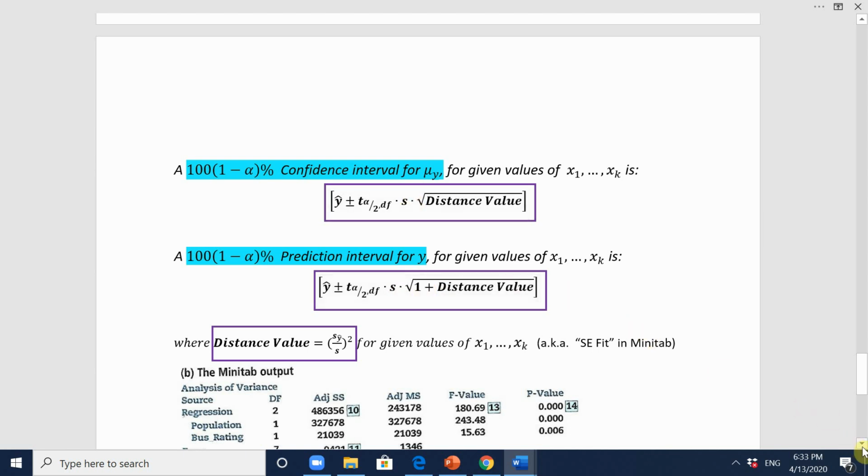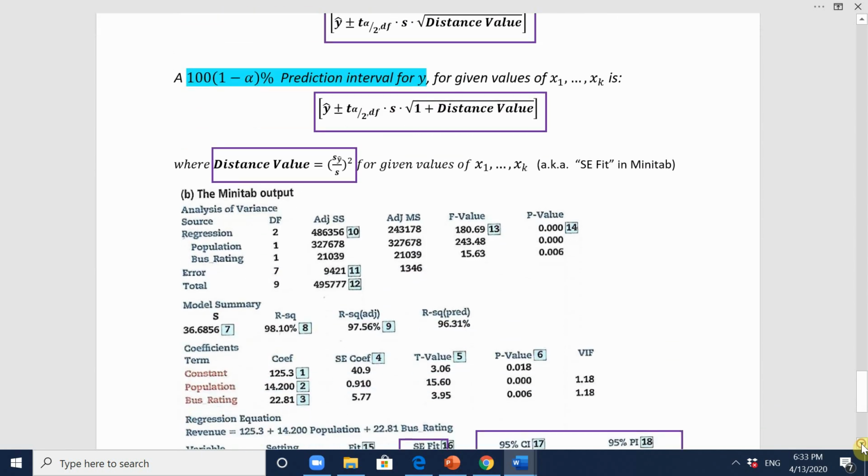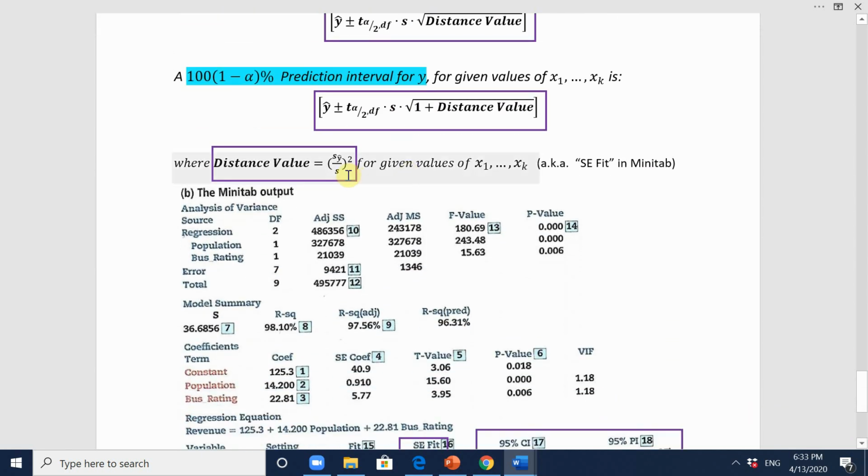So now I'll discuss very quickly what the distance value is all about. If you do a little bit of algebraic manipulation over here, you can see that in fact the distance value is really equal to the standard error of your point estimate divided by the standard error of your model, and all of that squared. That is what the distance value is.